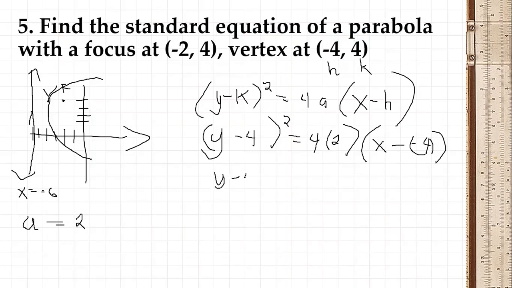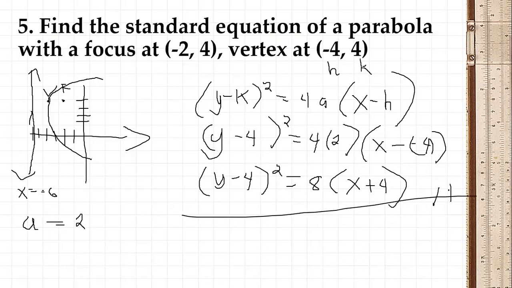So (y minus 4) squared is equal to 4 times 2, which is 8, times (x plus 4). So that's the standard equation of a parabola with a focus at (-2, 4) and vertex at (-4, 4).